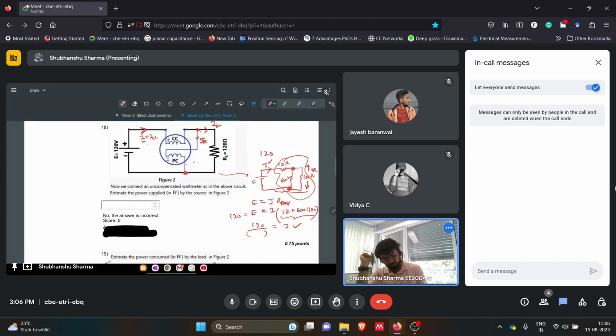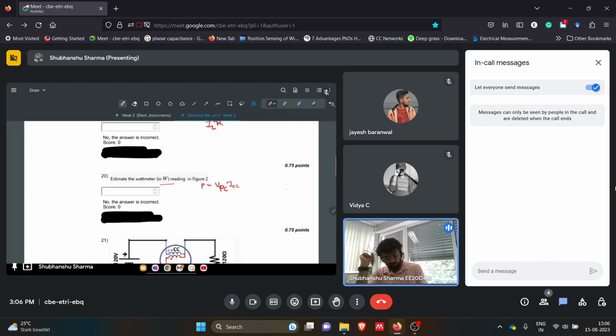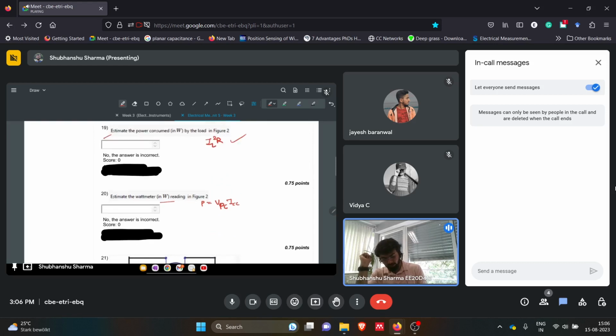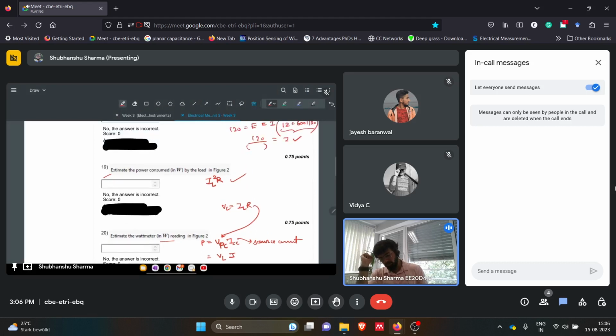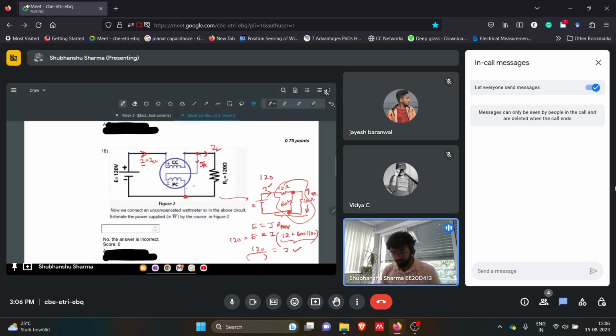If we know IL from this case, then VL will be IL R. So this will be VL times ICC, the source current. You can see in this diagram also.